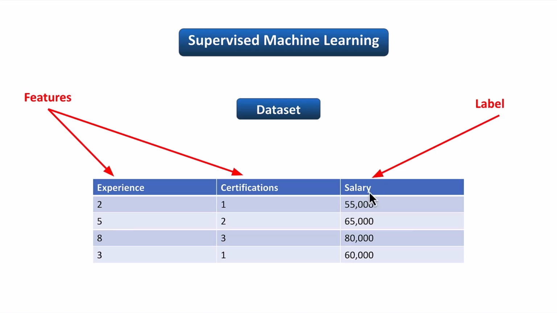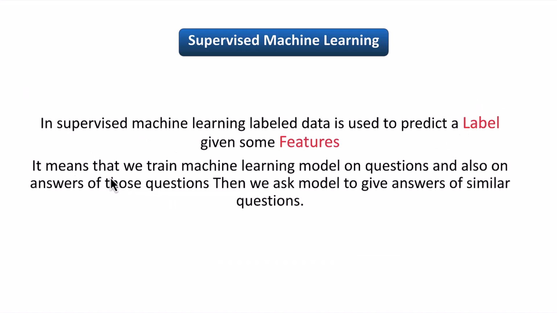As the label is also there in this dataset, this dataset is called a labeled dataset. Hopefully you are getting the point that in supervised machine learning, we train the machine learning model on questions and also on answers to those questions, and then we ask the model to give answers to similar questions.